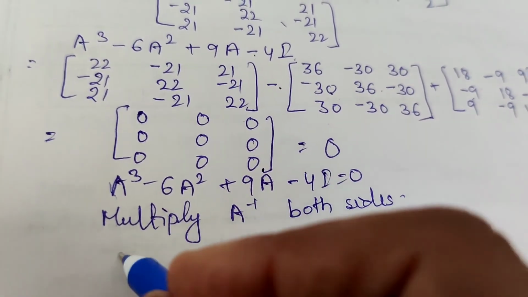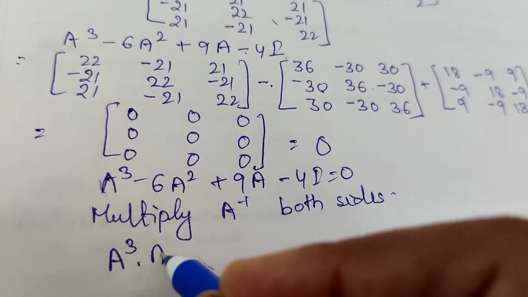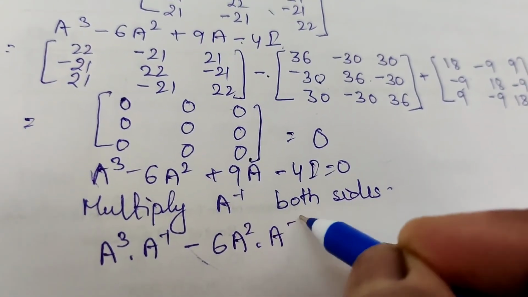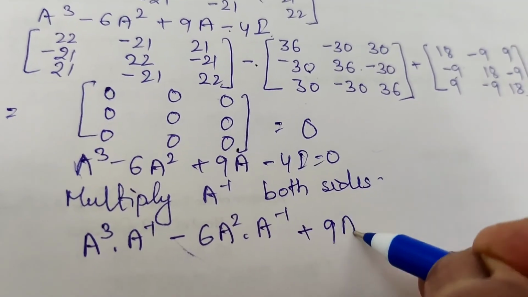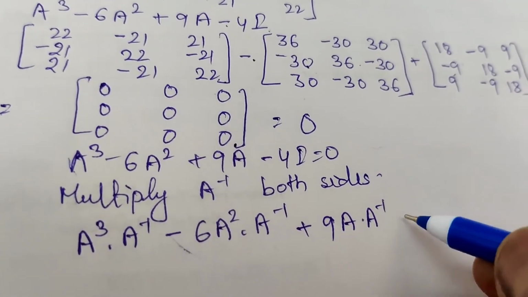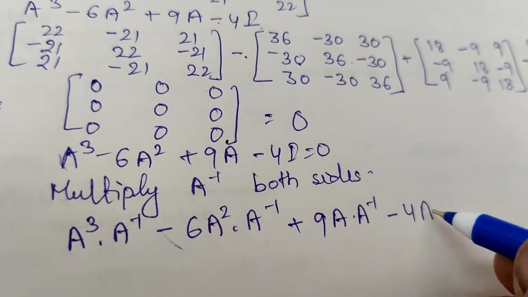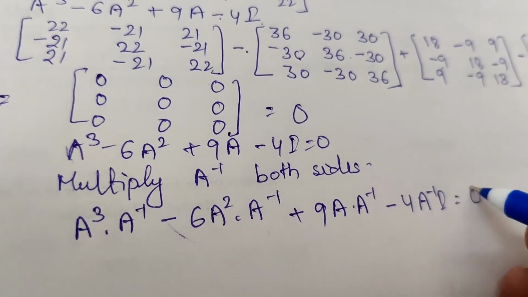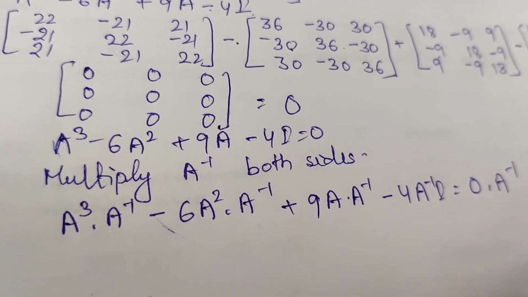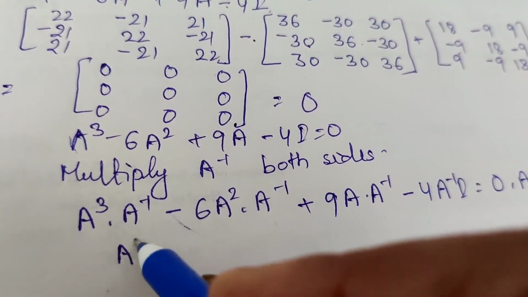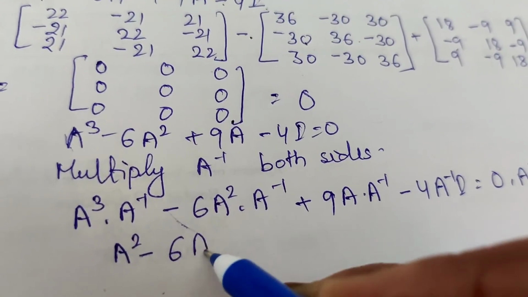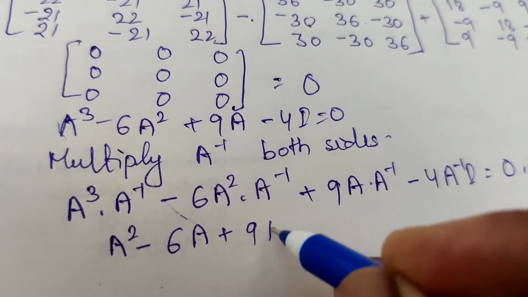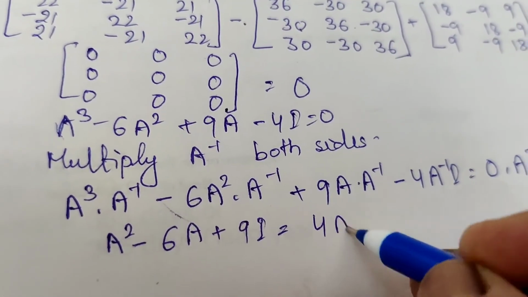It means A cube into A inverse, 6 into A square into A inverse, 9A into A inverse, minus 4I into A inverse equal to 0 into A inverse, which is also equal to 0. It is A square minus 6A plus 9I equal to 4A inverse.